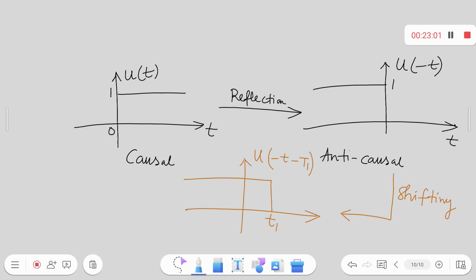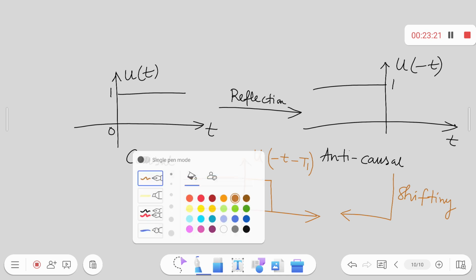If I put small t equal to capital T1, that is, u of minus t1. Anyway, it doesn't matter, this should be capital T1.